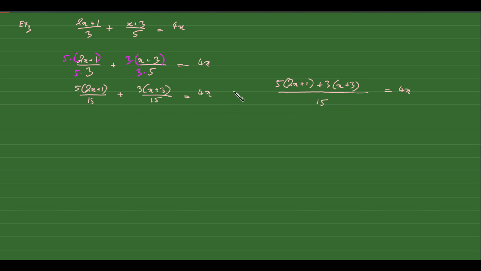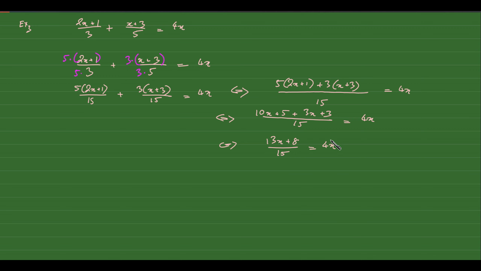After I combine them, then I distribute: 10x plus 5 plus 3x plus 3 over 15 equals 4x. Now we combine the numerator, which gives you 13x plus 8 over 15 equals 4x.